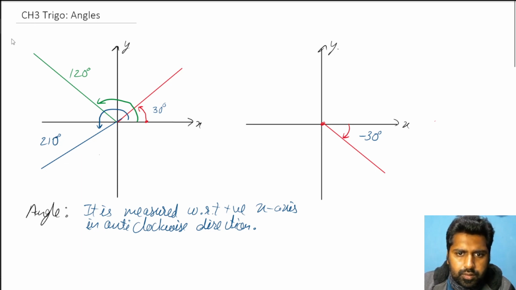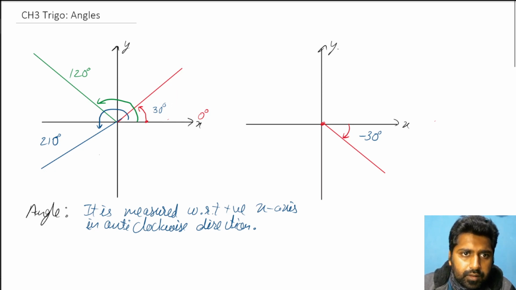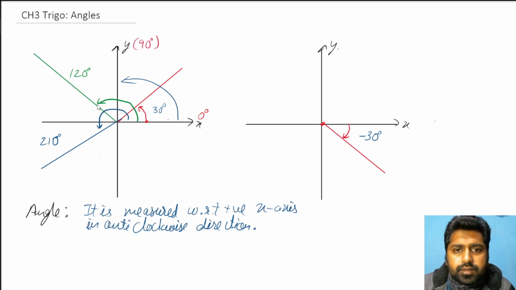So if we look at the basic categorization of angles, if I want to measure the angle of the positive x-axis, this line will have an angle of 0 degree. If you look at the positive y-axis, clearly you can see this is 90 degrees. Then the negative x-axis is another 90 degree, that means 90 plus 90, 180 degree.